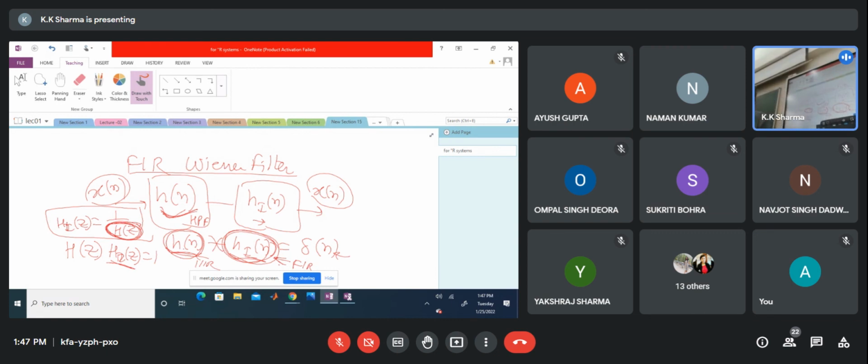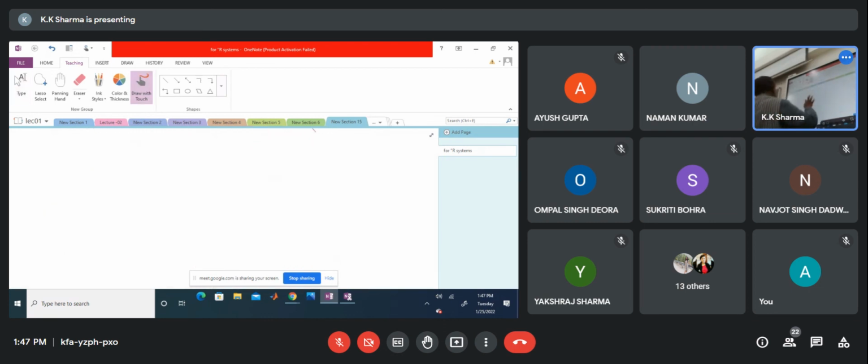So typically, let me mention the diagram and then I will stop. The overall FIR filter design is something like this. FIR filter coefficients. This is the desired response, which is ideally delta n.